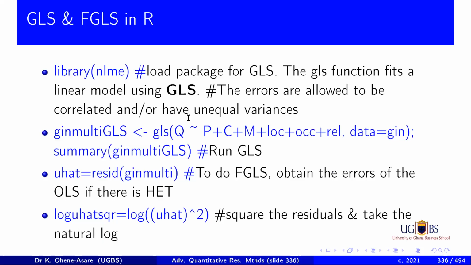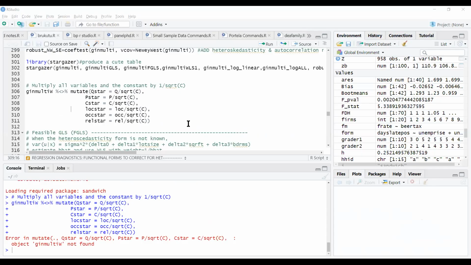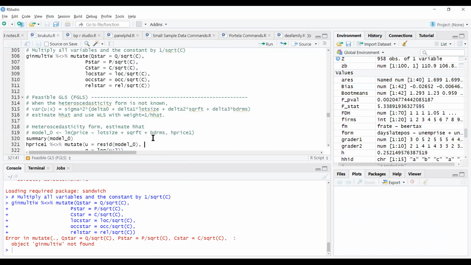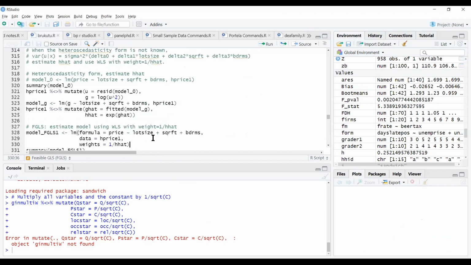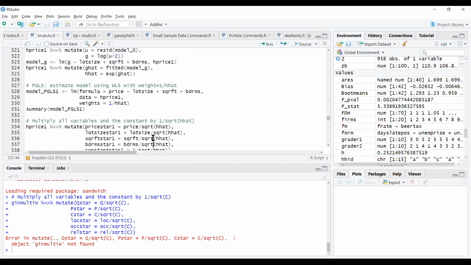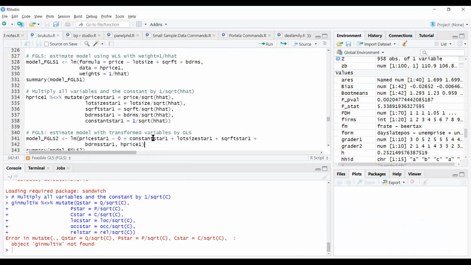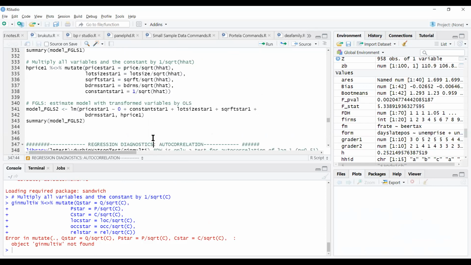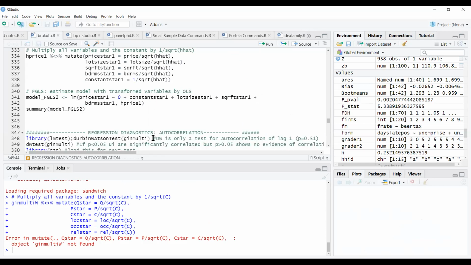I'm taking you to R. And then in this R, I'll just look for that command for us to work with. Well, what I'm going to do is I'm just going to copy that command. I know you all have it. I'm just going to copy that command and bring it to R to estimate it.